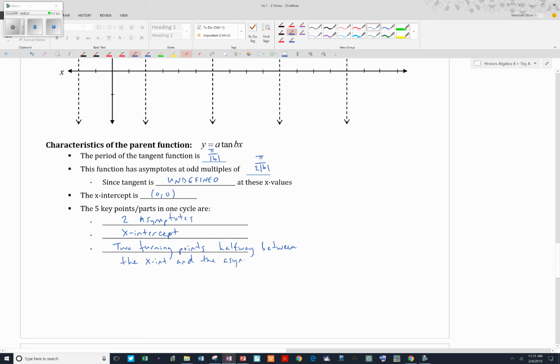In our graph that we just did, those halfway points happen at pi over 4 and at negative pi over 4.